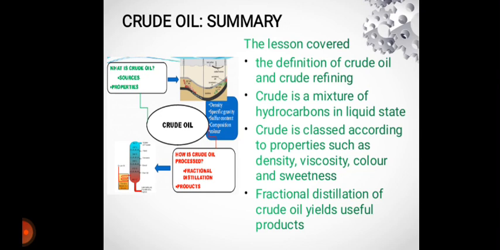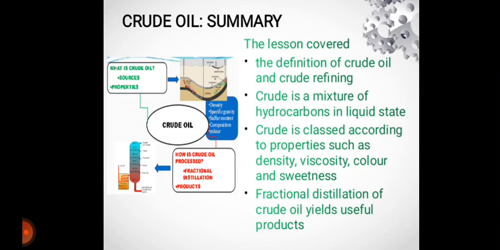Now, after looking at that video, you've clearly seen that crude is processed into various products using the distillation process. You have seen heating is the first stage to generate vapor.